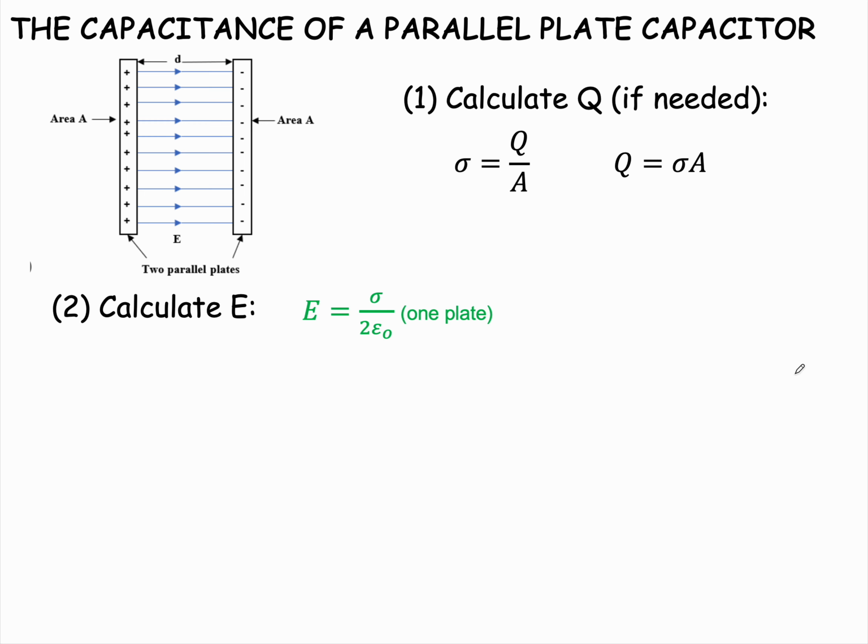That field extends out to infinity. In this case, and I probably should draw it on here real quick, what do you have here? Well, technically the field lines around this positive one are pointing this way and this way out to infinity. I'm going to draw on here, it's facing this way, and those extend over on this side as well. And the electric field lines from the negatively charged plate are pointing inward.